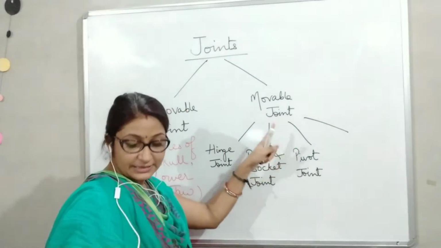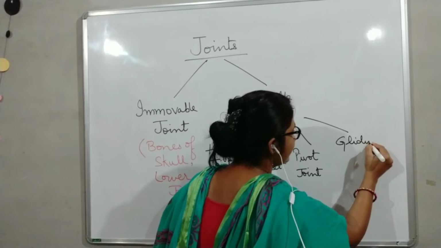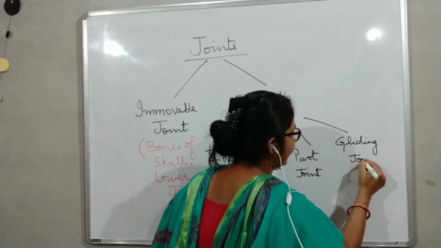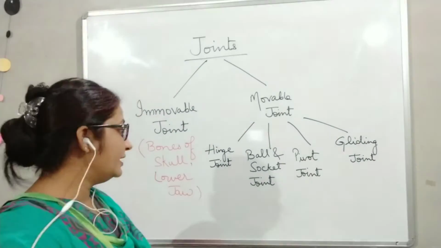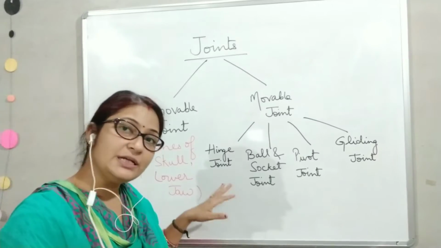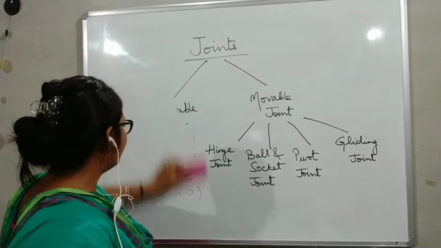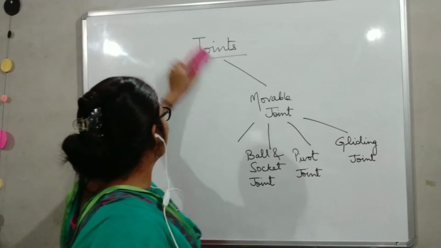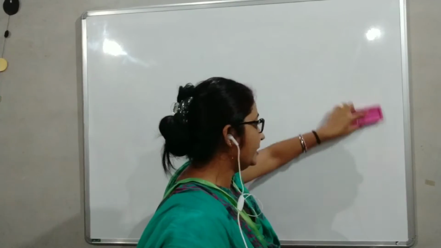And the fourth is known as the gliding joint. So now we will learn in detail about these four kinds of movable joints. Let's get started with them one by one.